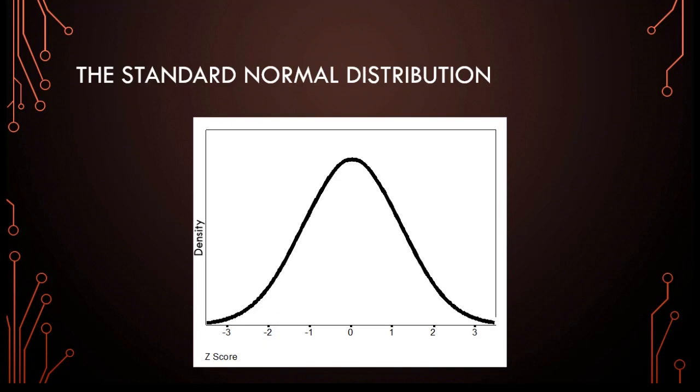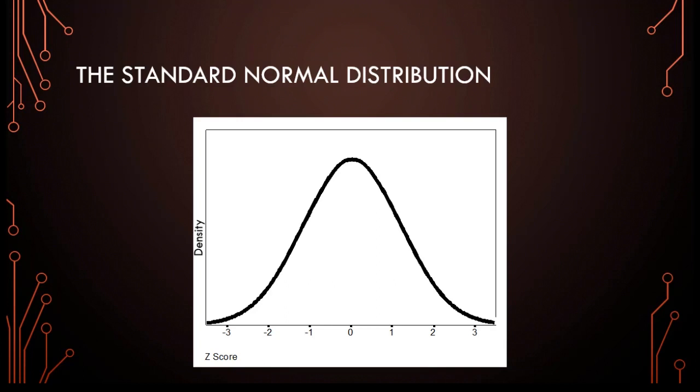The standard normal distribution is special because the scores are in standard deviation units. Statisticians will talk about raw scores, which is the name that they use for original scores, and standardized scores, that is, scores that are in standard deviation units.